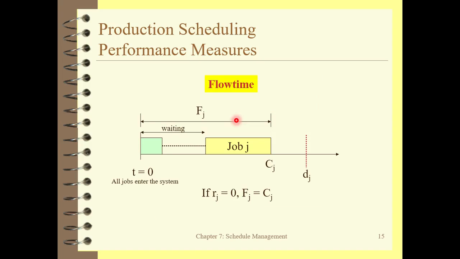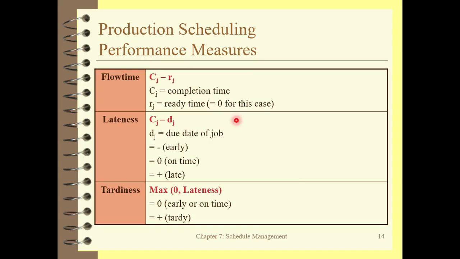And the last measure of performance that you can use is the tardiness. Tardiness only measures the late jobs. This measure of performance doesn't care about the early job. No benefit for early job, but whenever the job is late, you penalize immediately.